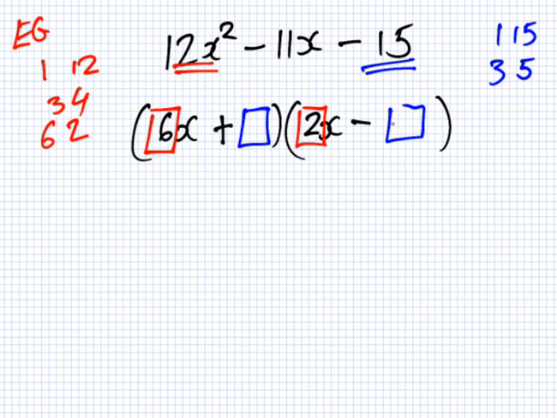Yeah, so it could be 3 and 5, or it could be 15 and 1. So we'll write some possibilities down here. We could have 3 and 5, or we could have 1 and 15. The 24, we could have 6 and 4, 3 and 8, 12 and 2, 1 and 24.